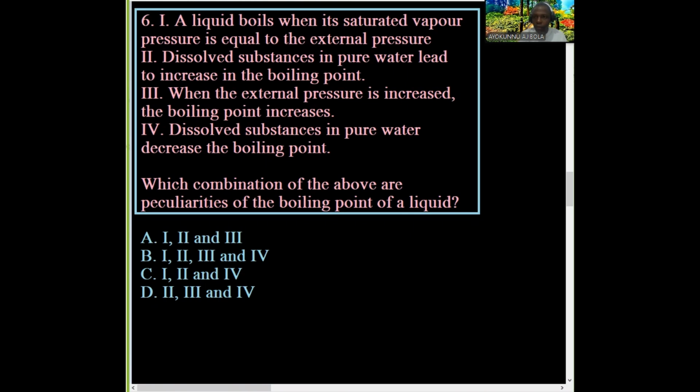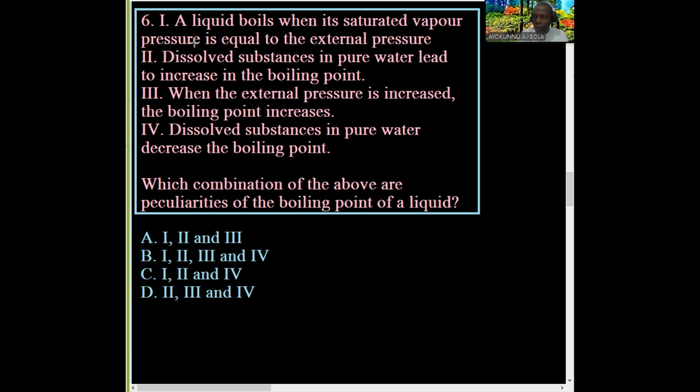One, two, three. Yeah, one, two, three. That's correct. That's option A, right? Yes.